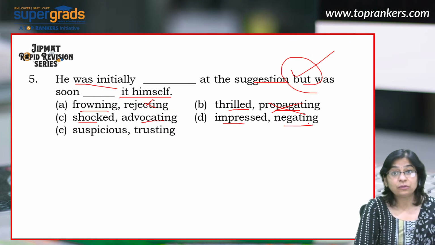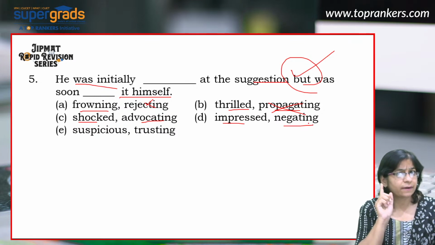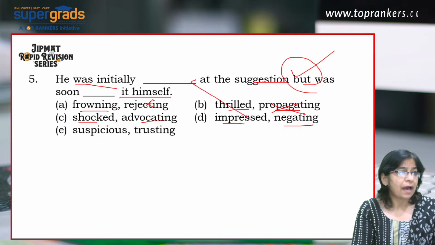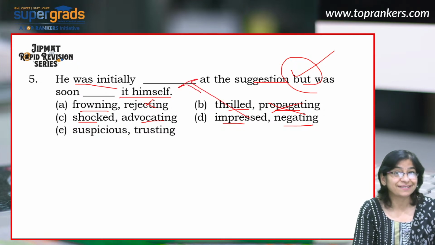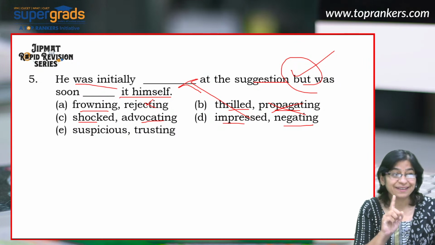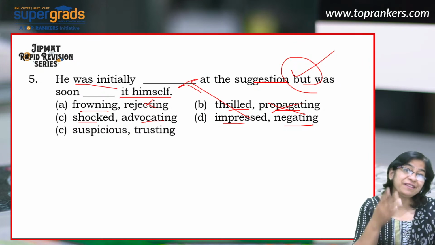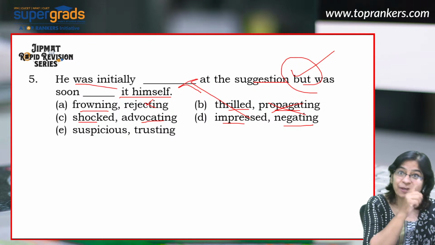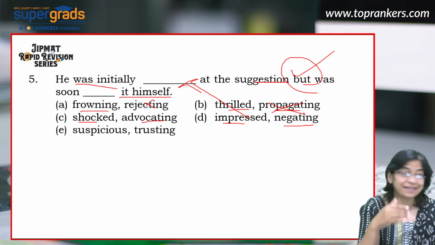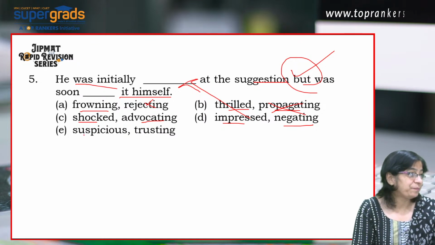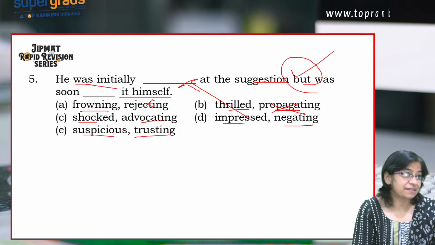So this one also looks good, but I have a doubt here. Are you impressed at a suggestion or you are impressed by a suggestion? See, this won't fit there. So maybe would have been the right choice, but this one doesn't really go well with the tone or the grammar of the sentence. Suspicious and then trusting it himself.